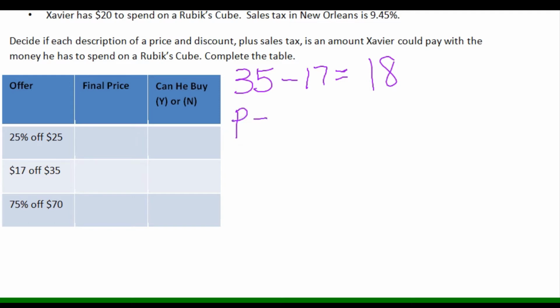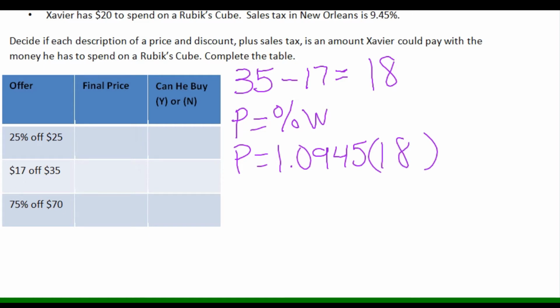So next step, I have to figure out how much I will pay with the sales tax. And my percentage I can use, like we did before, was 109.4500%. And that as a decimal is this. And then I have to multiply by 18 because we have to get the sales tax on the discounted price.